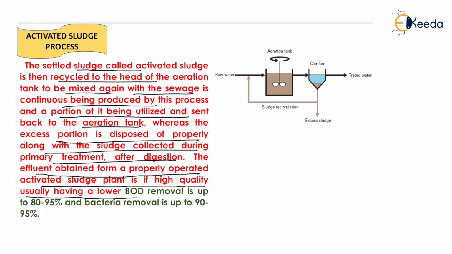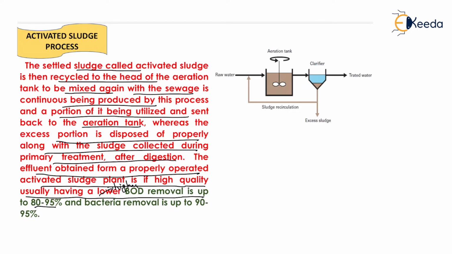BOD removal is up to 80 to 95%, and bacteria removal is up to 90 to 95%. It means it has a very high BOD removal of the order of 80 to 95%, and bacteria removal is up to 90 to 95%.